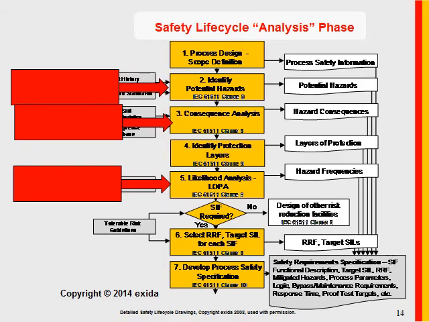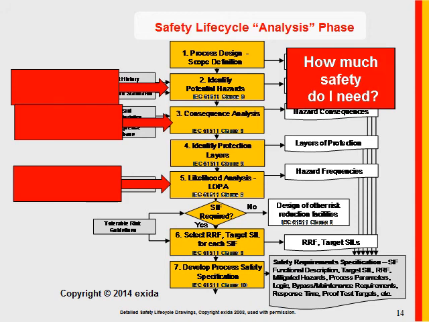So if we look at the analysis phase in a little bit more detail, we're trying to answer the question, how much safety do I need? And when we are trying to answer that question, we have several pieces of data that we're looking for. We look for process data, demand data, or past history when we're identifying potential hazards. We need to know demand rates and things like that.